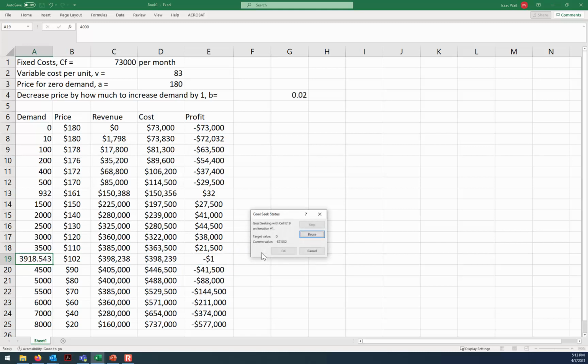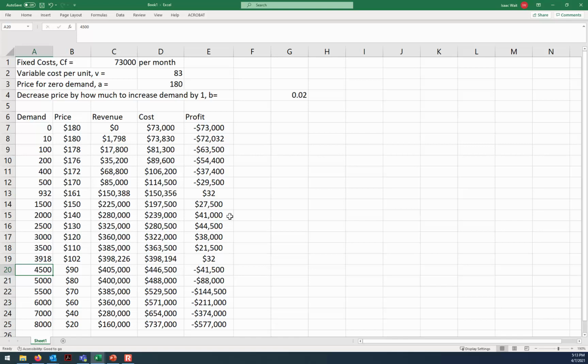Okay, so I'll let it rip. And so our last profitable demand is 39.18. Because at 39.18, we get a little bit of revenue, but if it was 39.19, we're losing money. So 39.18.